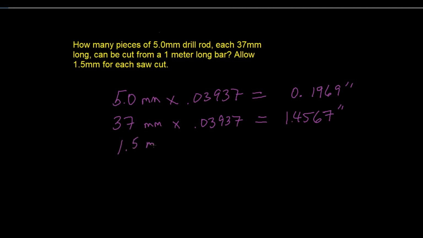And 1.5 millimeters times 0.03937 is equal to 0.0591 inches.